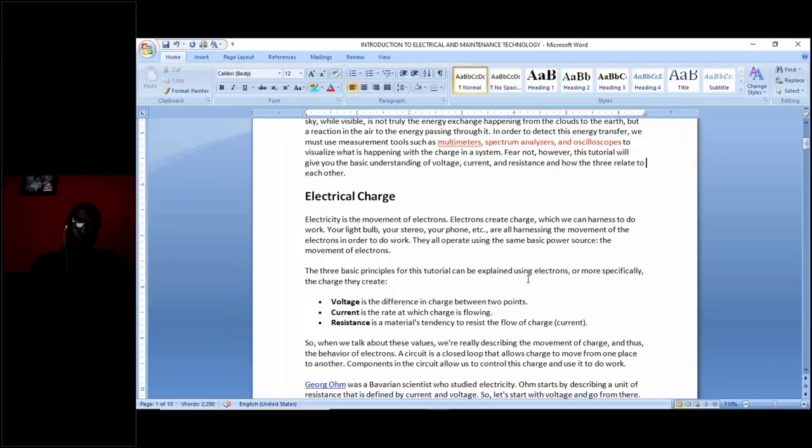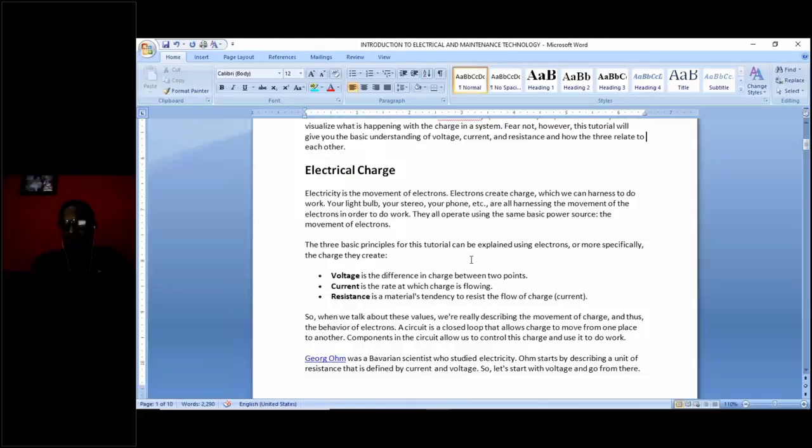For example, your light bulb, your stereo, your phones, your television set are all harnessing the movement of the electrons in order to perform their basic functions. They all operate using the same basic power source, I mean the movement of electrons.